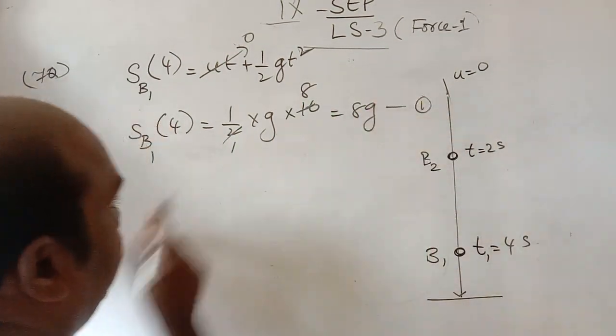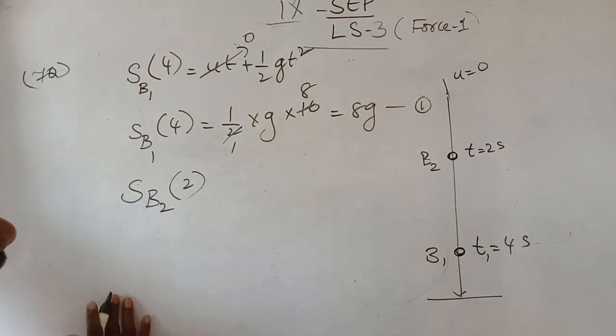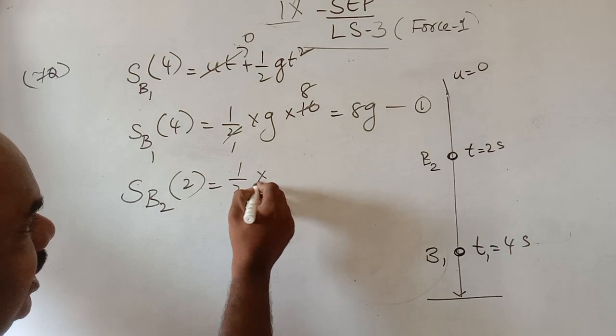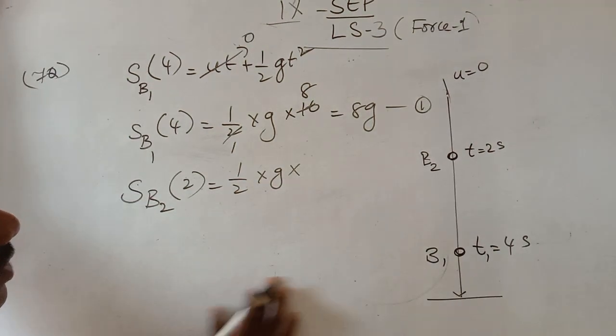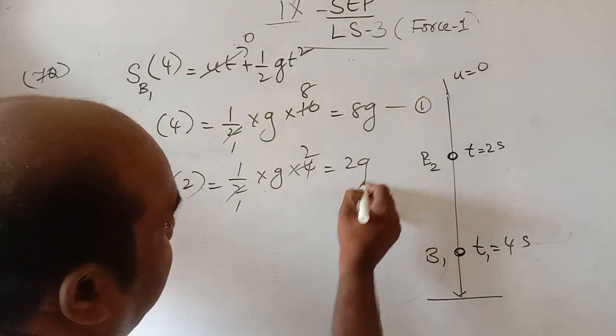Keep it aside. Now the distance traveled by B2 in 2 seconds is half into g into t square. 2 2s are 4, half of 4 is 2, so 2g.